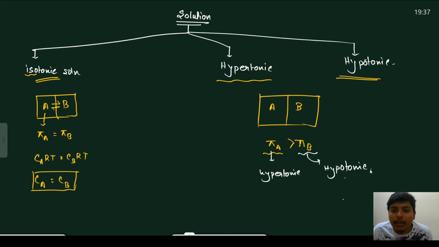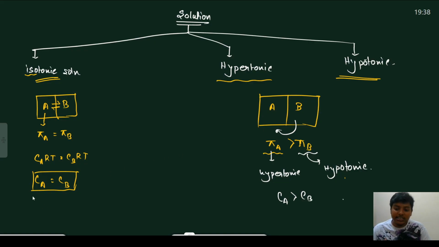Now you have to tell me which side the solvent particles will go, from hypertonic to hypotonic or from hypotonic to hypertonic? From A to B or B to A? B to A, right? Low concentration to high concentration. Clear? Here also you can tell that Ca is lower than Cb. So low concentration to high concentration always it will go.